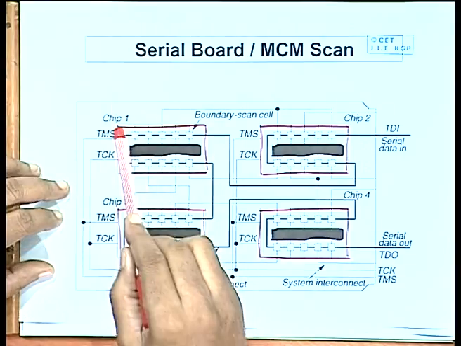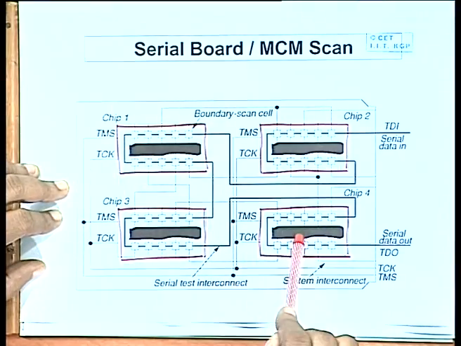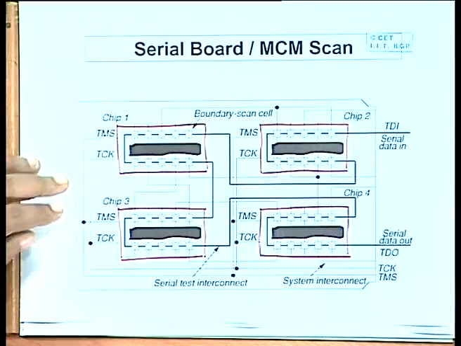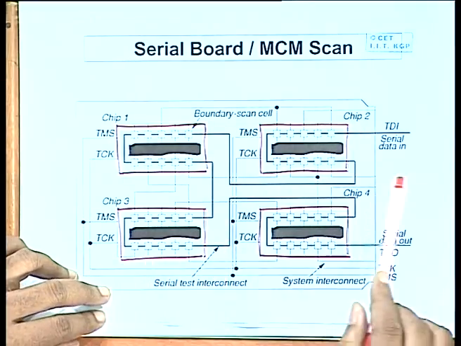What it says is that if each of these 4 has boundary scan capability, then the boundary scan registers can be chained together.